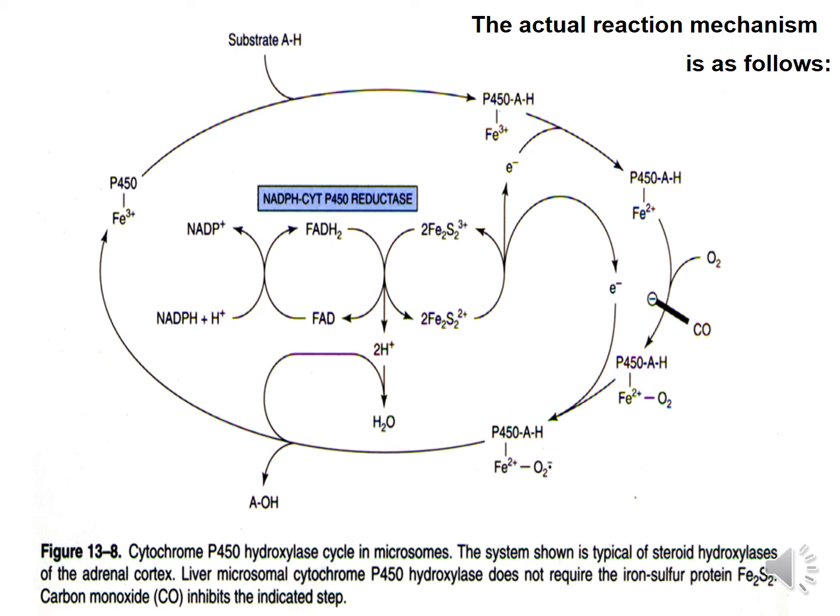Carbon monoxide inhibits the indicated step. You can see the substrate, cytochrome P450 and iron sulfur protein, and also NADPH and FAD as a complex of NADPH cytochrome P450 reductase.